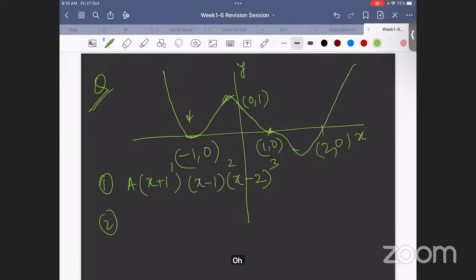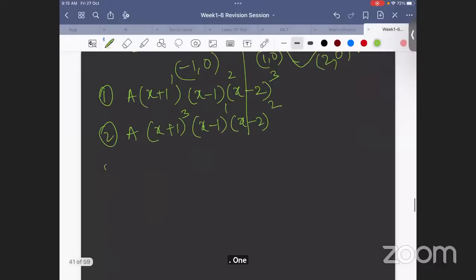The second option is x plus 1, minus 3, 3, 1, 2. The third option is A, x plus 1, x minus 1, and x minus 2.